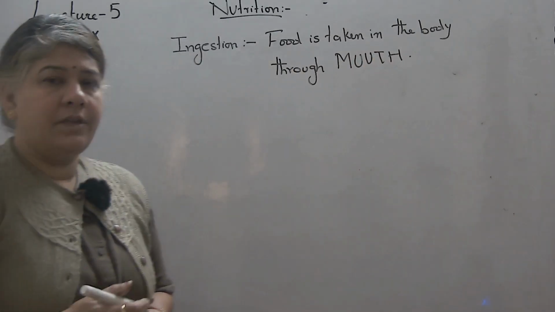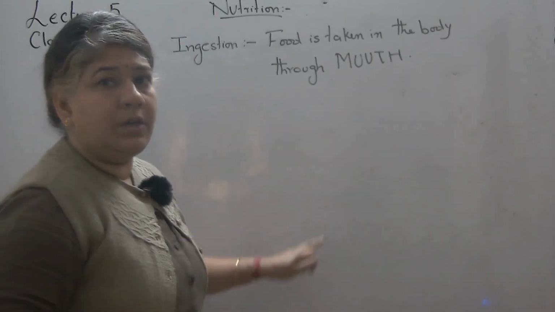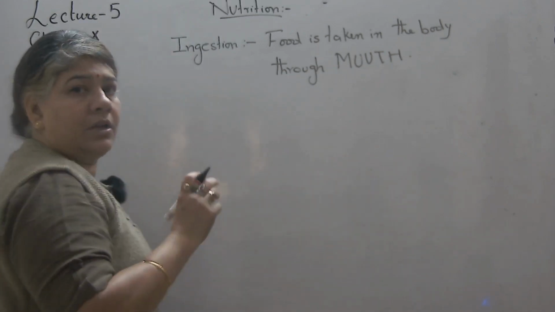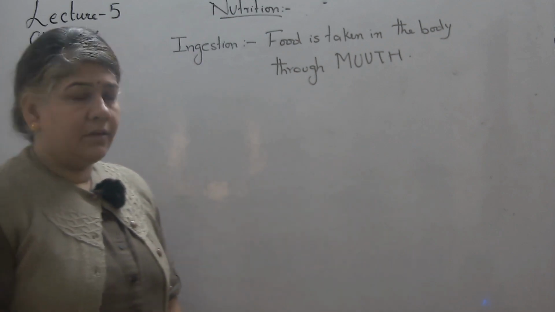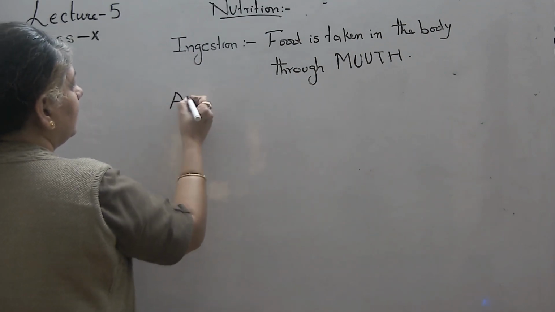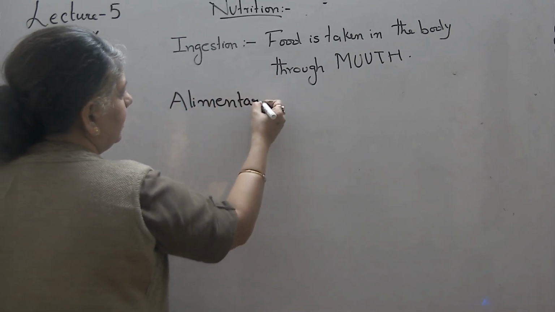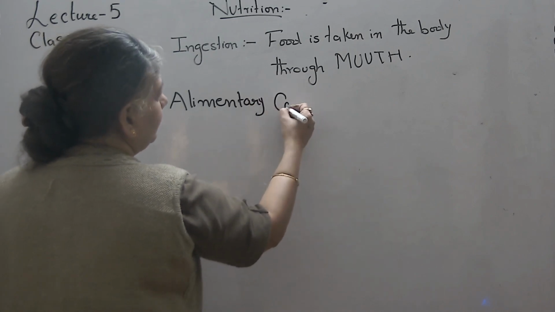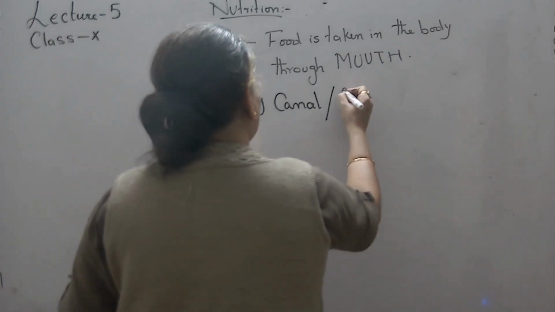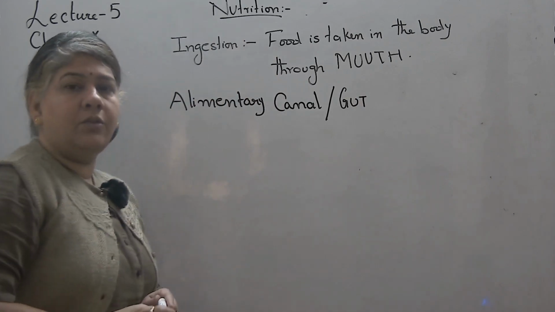So our digestive system begins from mouth till the anus. So this is alimentary canal or the passage where the digestion is taking place. So alimentary canal, also called gut. So you will come across this word gut in so many books.